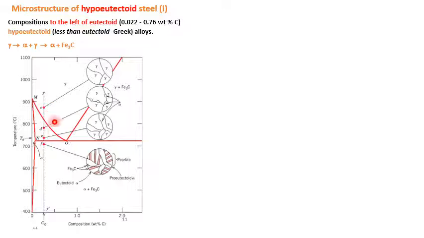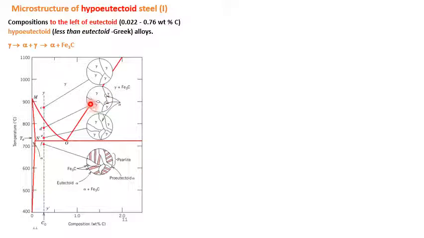If you take a carbon percentage less than 0.8, we call it hypoeutectoid steel. In hypoeutectoid steels, the gamma, that is austenite, starts transforming itself into alpha ferrite, and the grain boundary regions, the weak regions, act as nucleating sites.